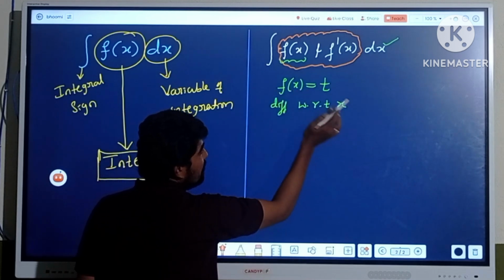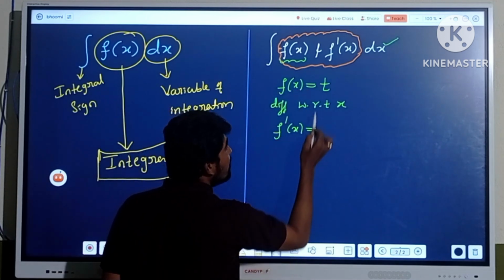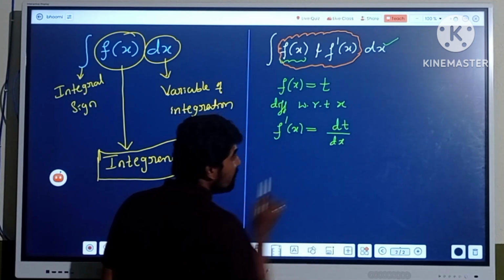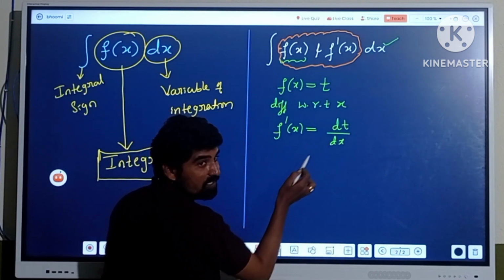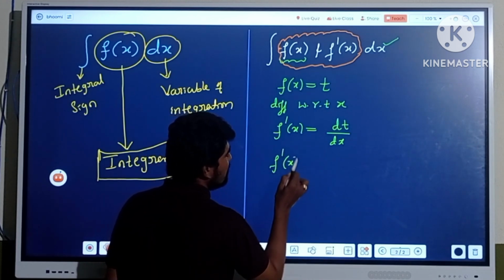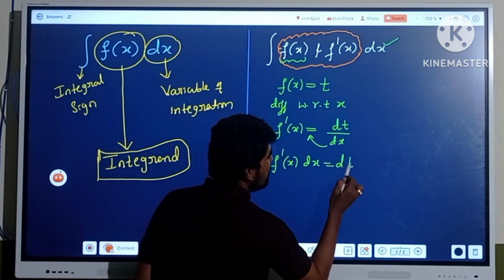We know that the derivative of f(x) with respect to x is f'(x), and t with respect to x is dt/dx. By cross multiplication, it can be expressed as f'(x) dx = dt.